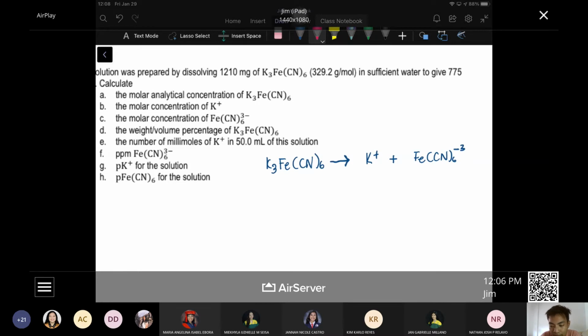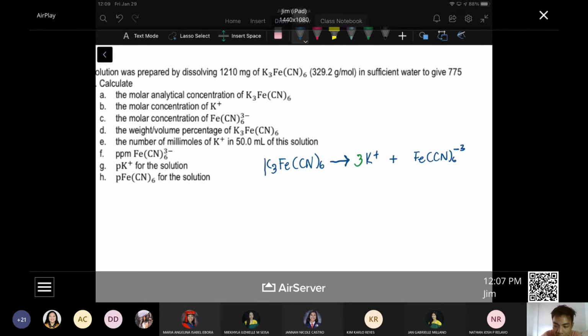So these are the two ions, K+ and Fe(CN)6, -3 on charge. So ano pa yung kulang natin dito? We have to balance it, no? So you can see, you have 3 K ions. So that means 3K+ ang ating cation pag nag-dissociate yan.